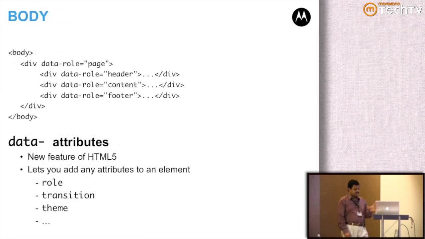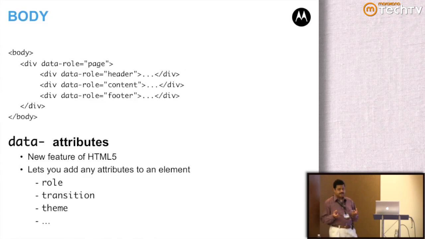So, that is the header, and if you look at the body, there are only two essential things that you would need to do. One is to create a div and assign an element called data-role equal to page.